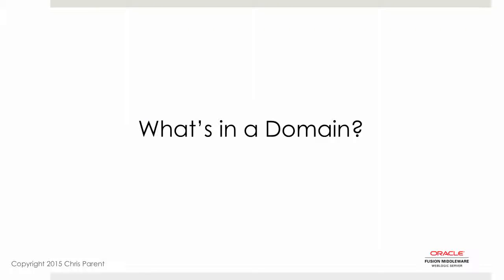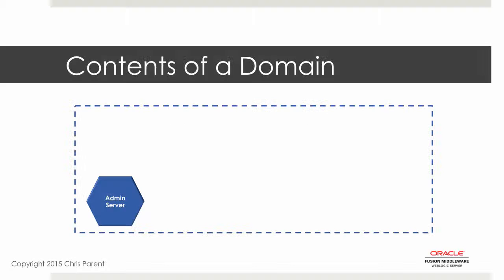So what is a domain? I've gone over how a domain consists of an admin server and managed servers, and it's really logical in nature. Well, what's tangible about this logical WebLogic domain? As I said earlier, in its simplest form, a domain contains one admin server and 0 or more managed servers.